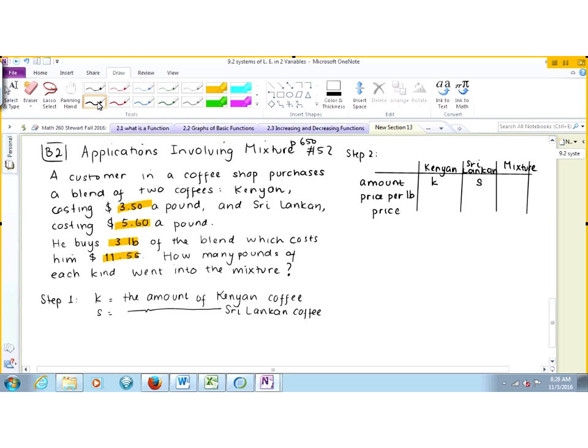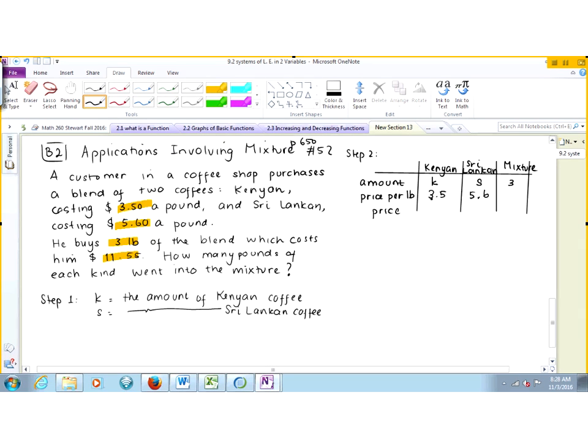So I always highlight the numbers. In math, when you see numbers, you're happy, right? Because that's your equation or your coefficient. So do I know the mixture? It is 3. Do I know the price per pound for Kenyan? Yes, it is $3.50, and 5.6. Do I know the price per pound of the mixture? No, we don't know. And do we know total price?